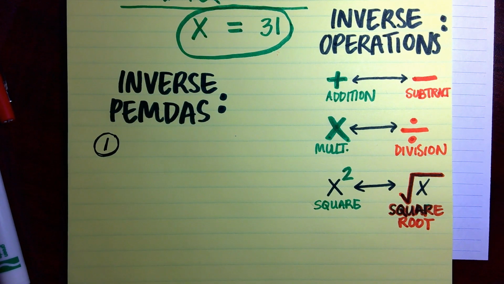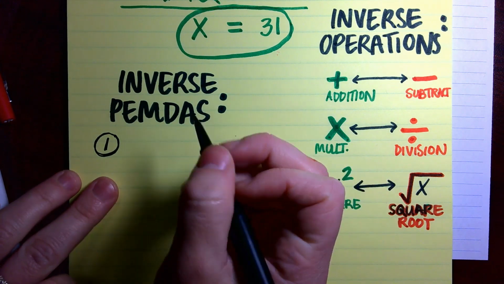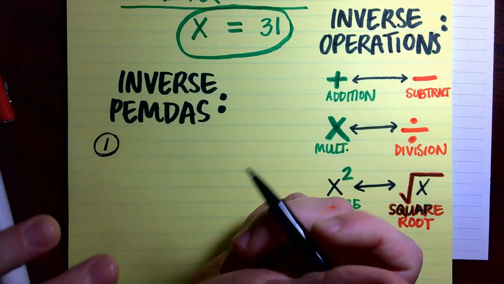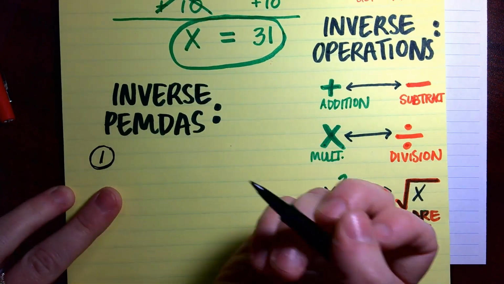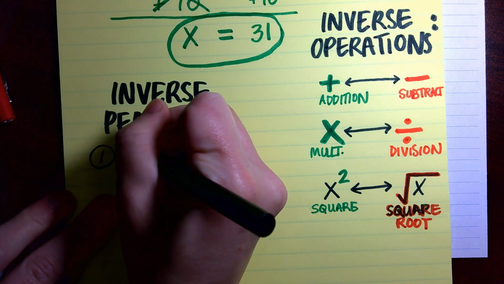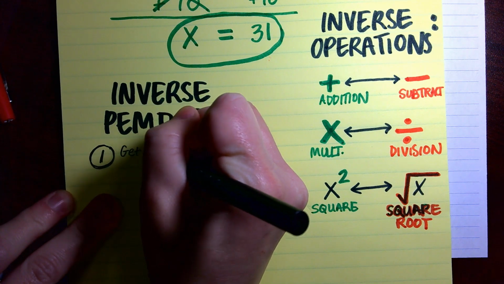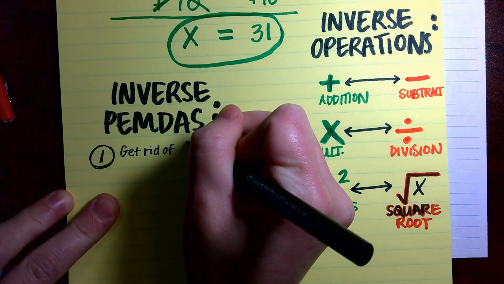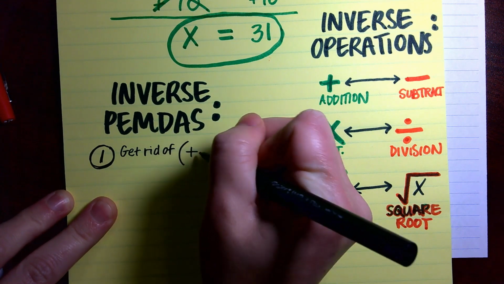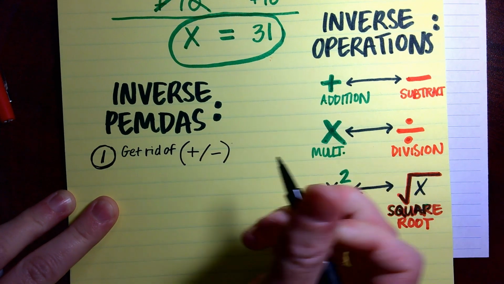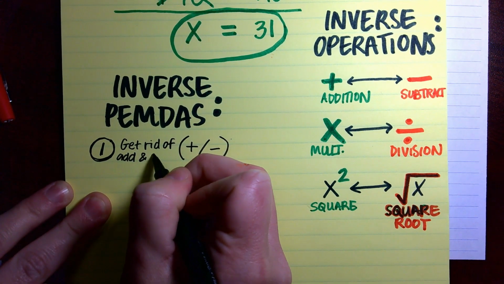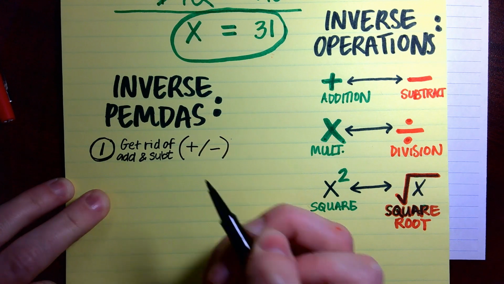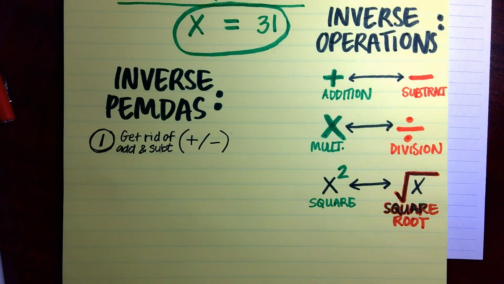Okay, so whenever we're solving an equation and we're doing the opposite order, the inverse order of operations, the first thing we want to do is, and I always say get rid of or cancel out. I'm going to say we want to get rid of addition and subtraction first. That's the first step.